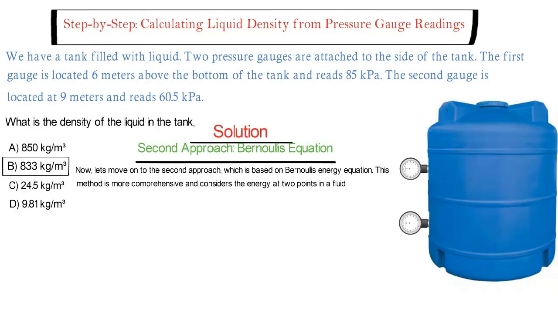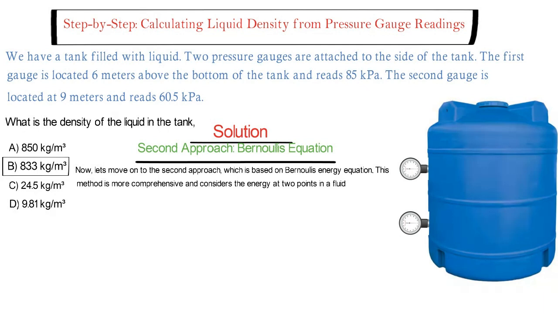As you know, Bernoulli's equation has three parameters that represent the energy in the flow. The first parameter is the velocity head, the second one is the pressure head, and the third is the potential head. Every single parameter represents a kind or type of energy inside the flow.